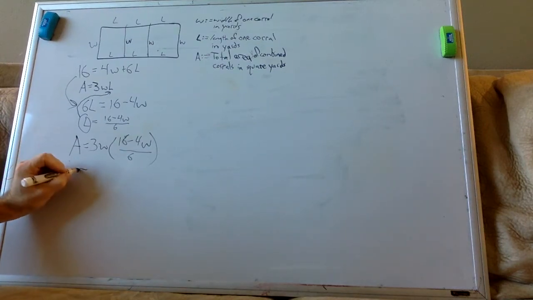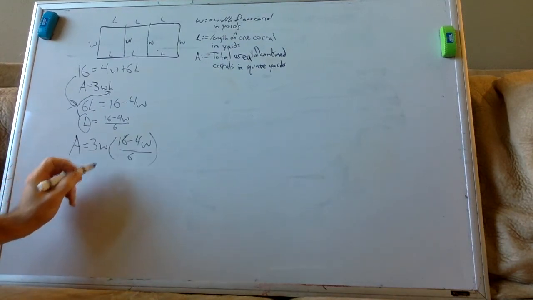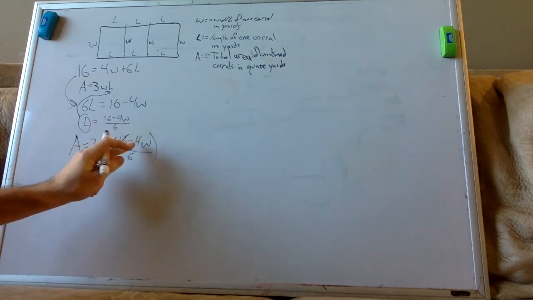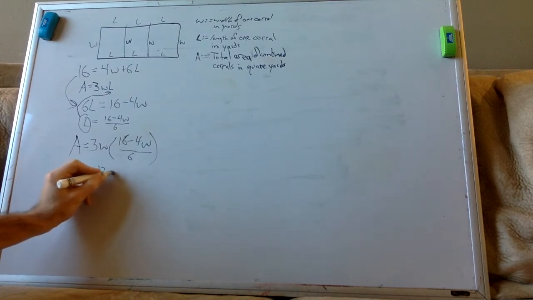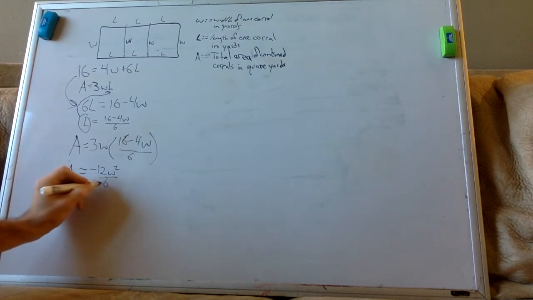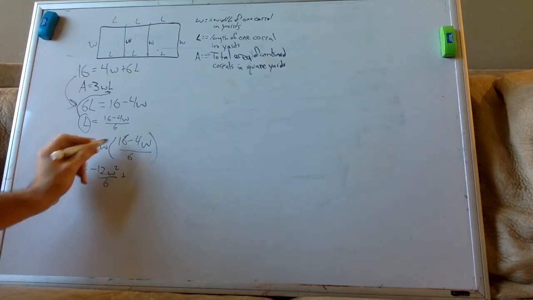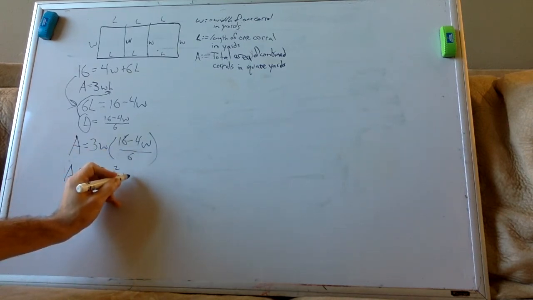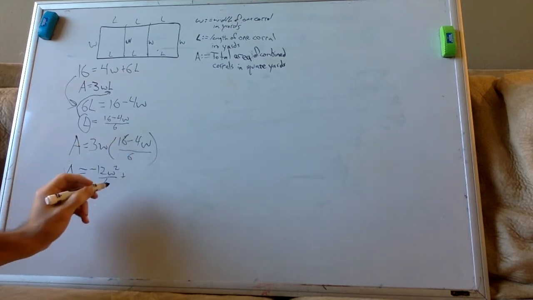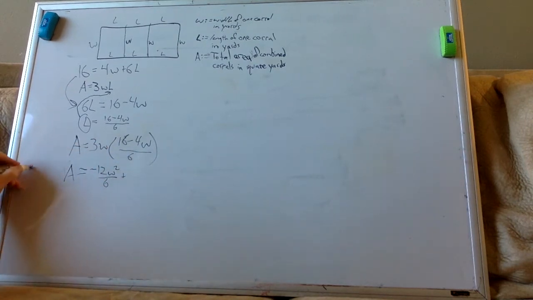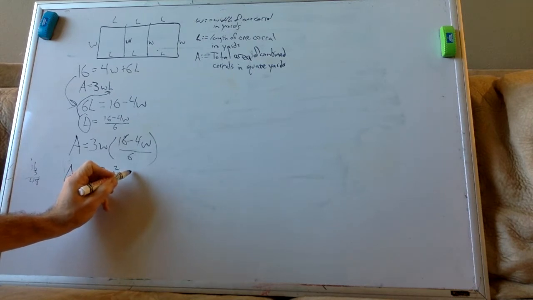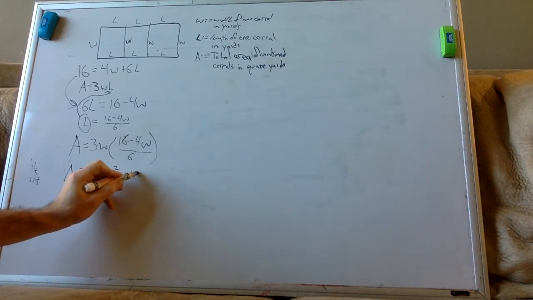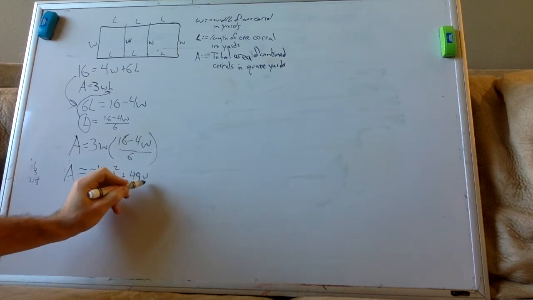And I can distribute. I know that my area is equal to, I'm going to put this part first, negative 12W squared over 6, plus 3W times 16, so 3 times 16, that's 48W over 6.